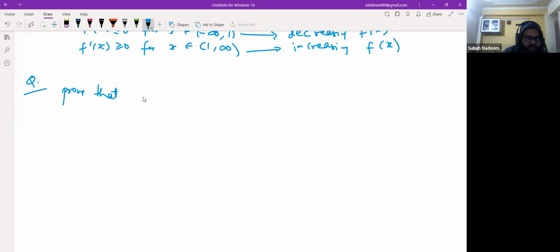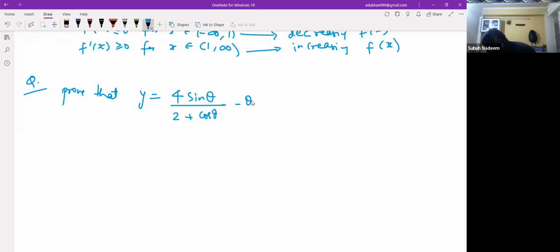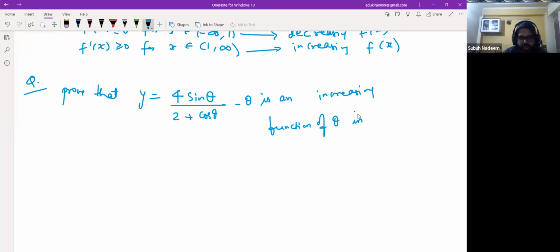Prove that y is equal to 4 sine theta by (2 plus cos theta) minus theta is an increasing function of theta in 0 comma pi by 2.